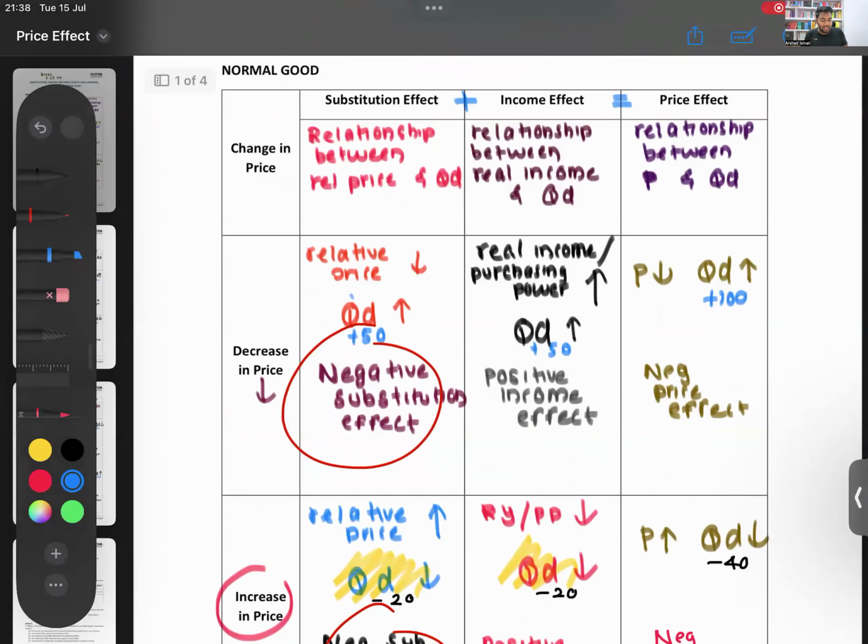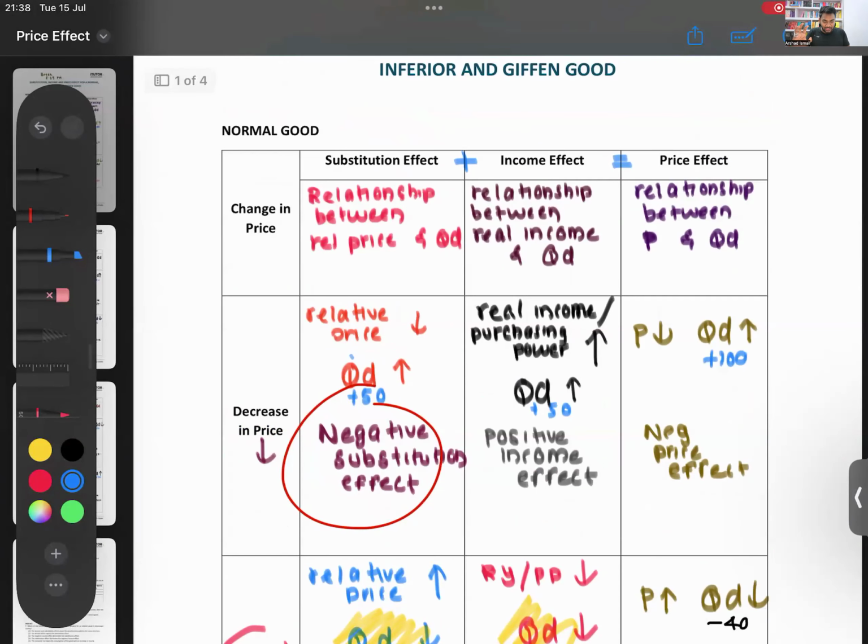And then for a normal good, the substitution effect and the income effect go in the same direction. This one empowers the other. Substitution effect is saying QD will increase. This one is also saying QD will increase. Both are going in the same direction. It's like one saying I am going by 50, and the other saying yes, I am also going by 50.